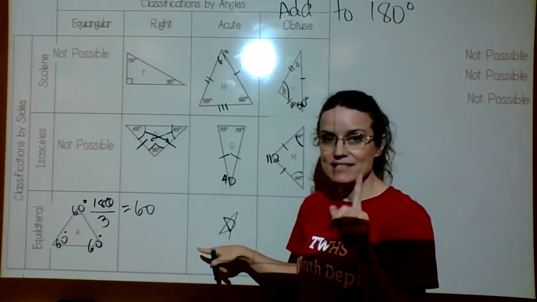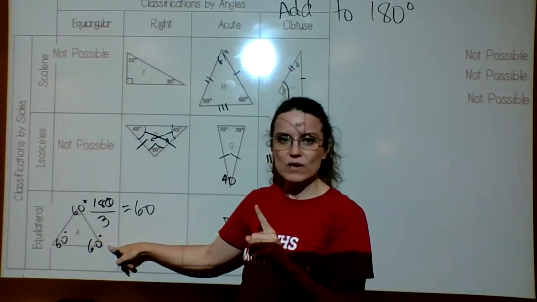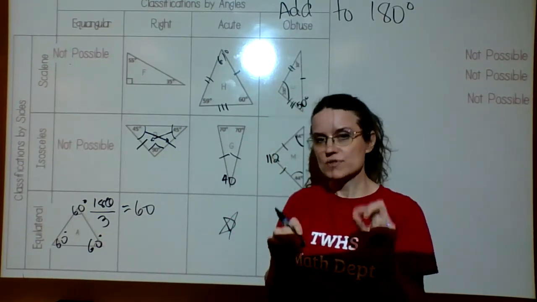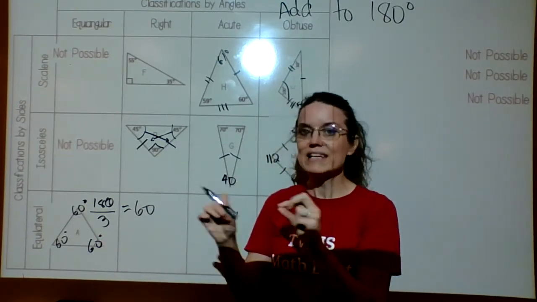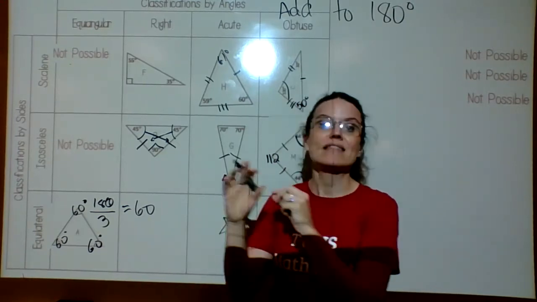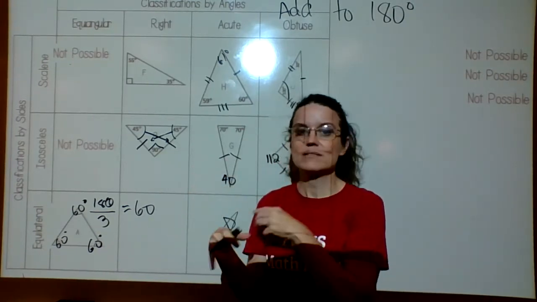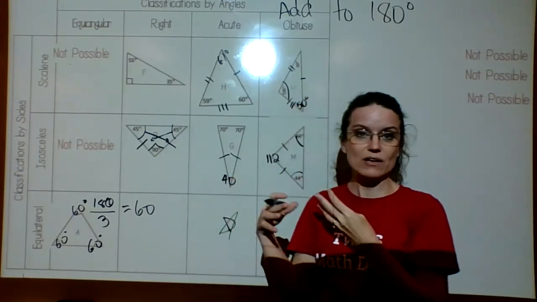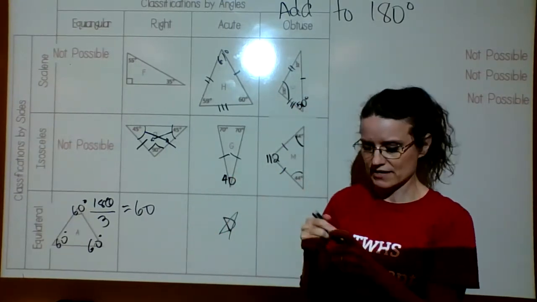But since it's special, if you ever see one of these, you want to say the most specific name possible. So since it's equilateral and acute, we go ahead and say that it's equilateral, and that just implies we already know it's acute, but now we're even more special. We've got all three angles aren't just acute, they're also the same size, they're equal.